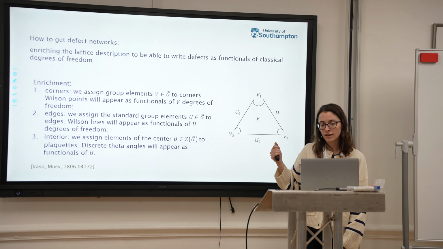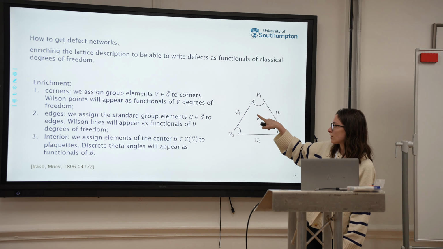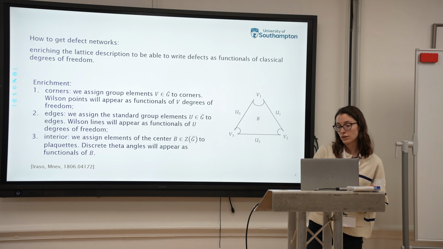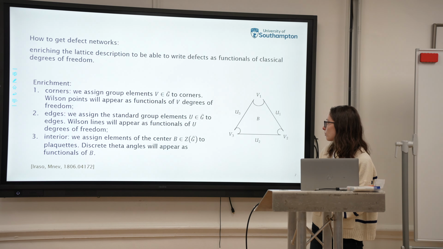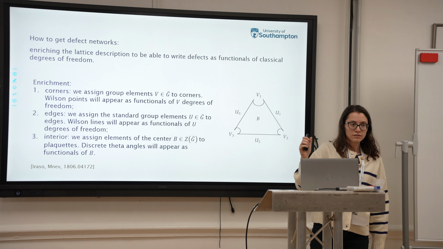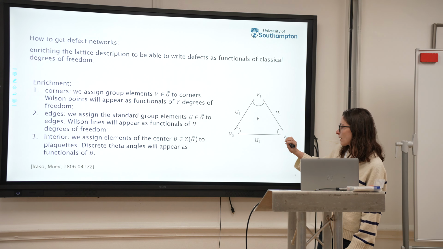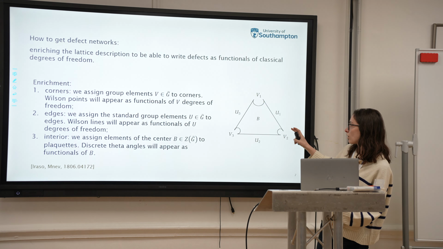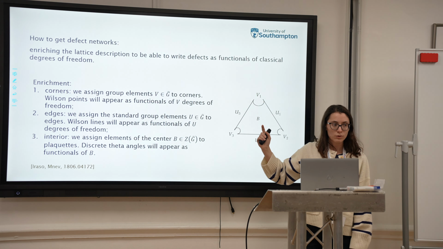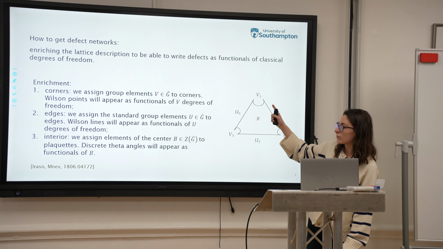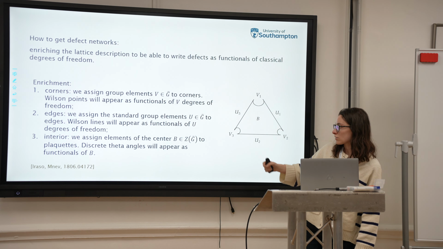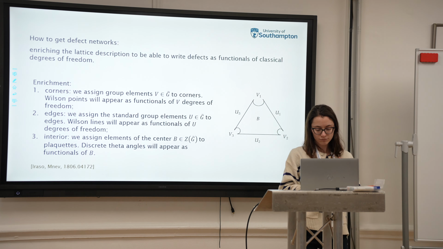And we also assign degrees of freedom to the interior of the plaquette. These are discrete degrees of freedom that live in the center of the group. As you can imagine, with this prescription, we expect to be able to realize Wilson lines as functionals of these U degrees of freedom, Wilson points as functionals of these V degrees of freedom, and theta angles as functionals of this B degree of freedom.